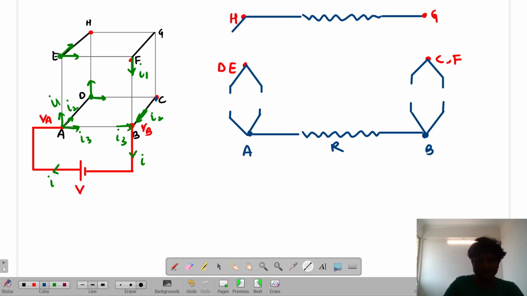So this circuit will also be like this way. And similarly, G to C and F to C, one resistor is there. Correct or not? So let us connect them.